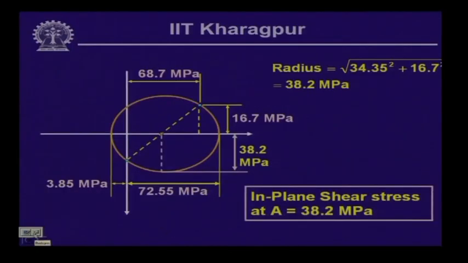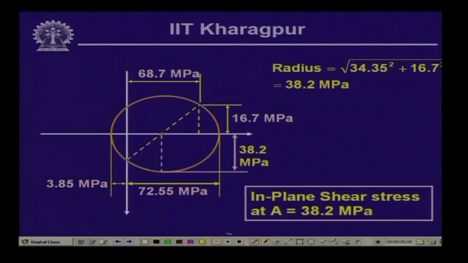Now, if we plot these stresses in the Mohr circle, then we get the stress values in this form: at this particular point where we have the negative shear stress and the positive sigma gives us this particular point. Positive sigma is of magnitude 68.7, that is the total normal stress, and this is the shearing stress 16.7 MPa, and on the other plane we have the shearing stress only, the normal stress is 0.